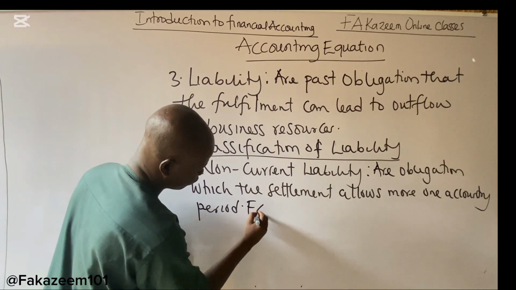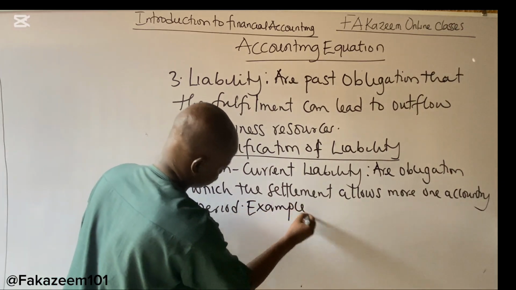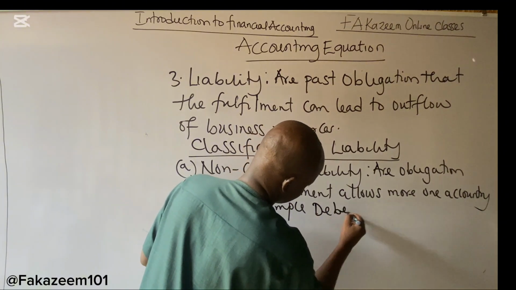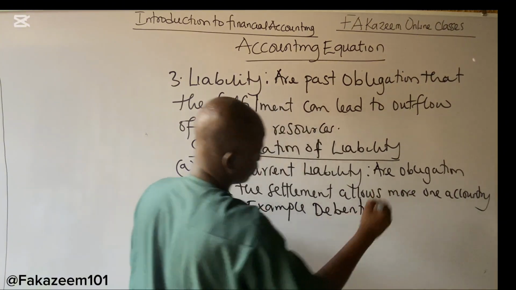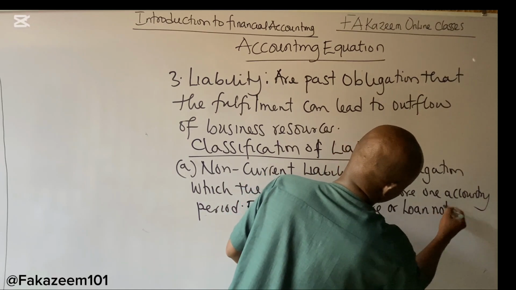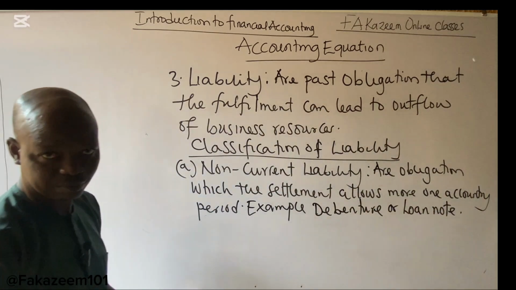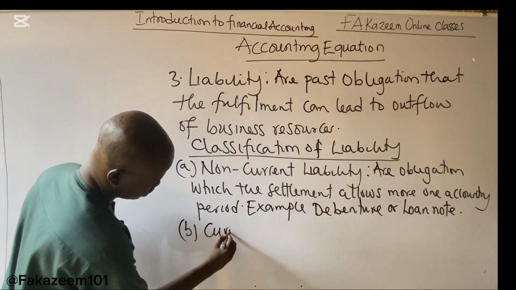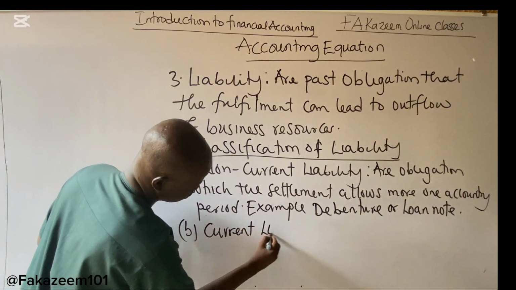An example of non-current liability is debenture, or sometimes we call it loan notes. The second classification of liability is current liability.